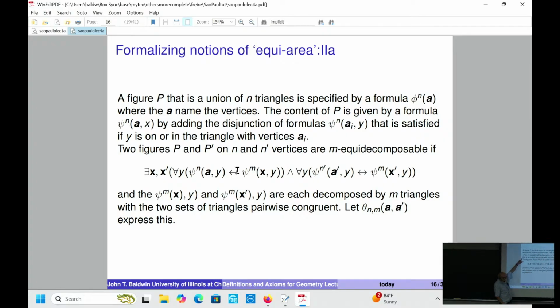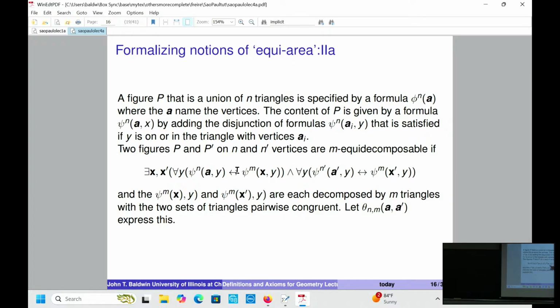This is what I mentioned a minute ago, talking about what's actually the area covered by this collection of triangles. And then they are M equidecomposable if you take this one and take that one, and then you have these.